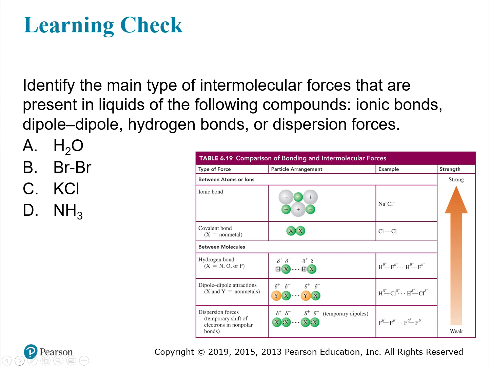Now we're going to practice using it. We've got to identify the main type of intermolecular forces that are present in liquids of the following compounds. For part A, we've got water, H2O. So the types of bonds that we have, it's going to be an oxygen bound to a hydrogen.